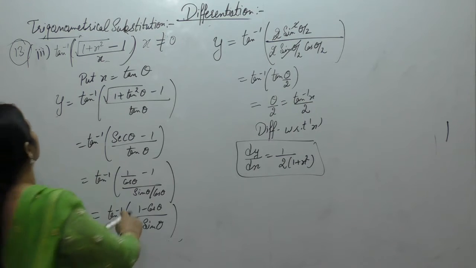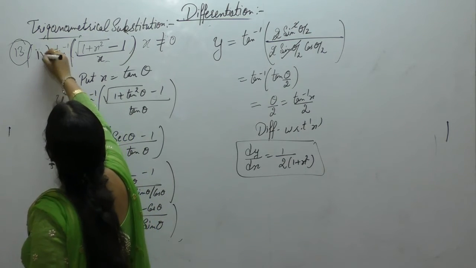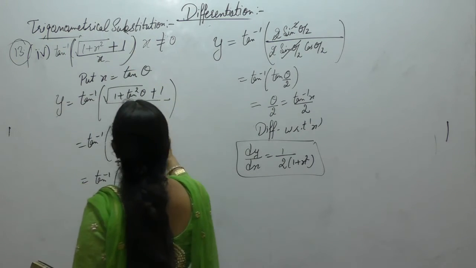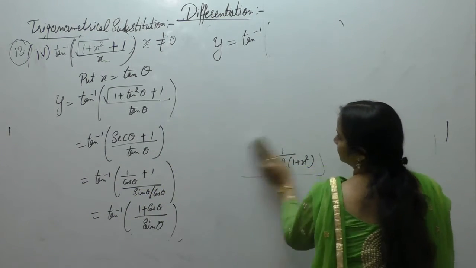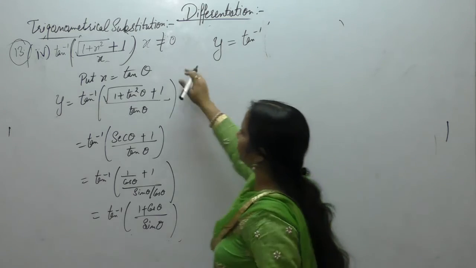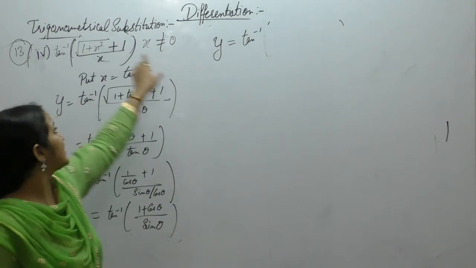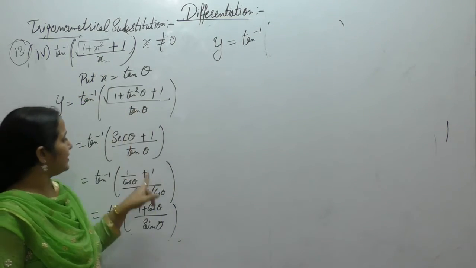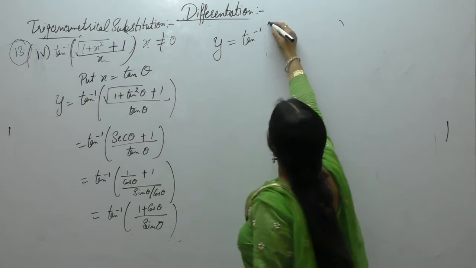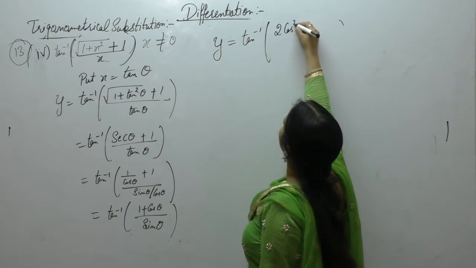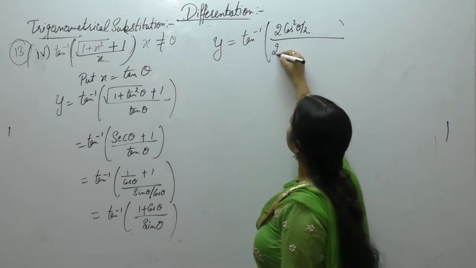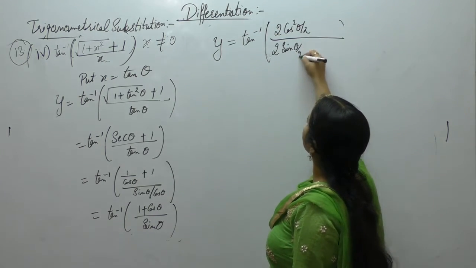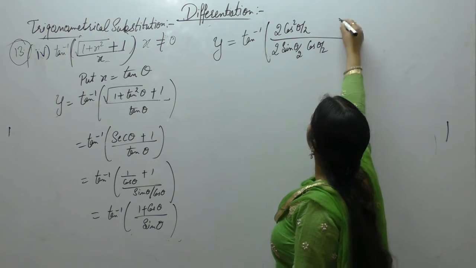Now the fourth one, here we have plus 1. So we get this when x is tan theta. Instead of negative we have plus here. So what do we get? 1 plus cos theta is 2 cos square theta by 2, and in the denominator 2 sin theta by 2 cos theta by 2.